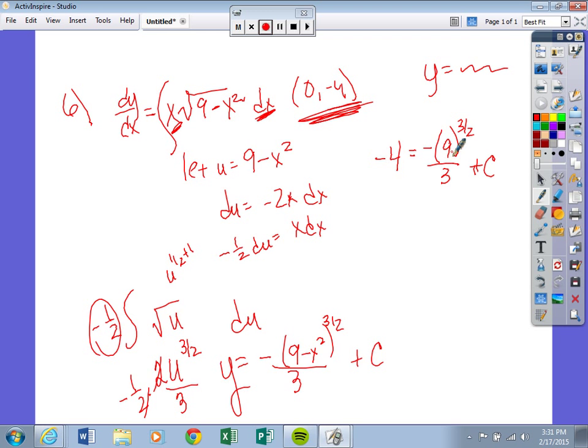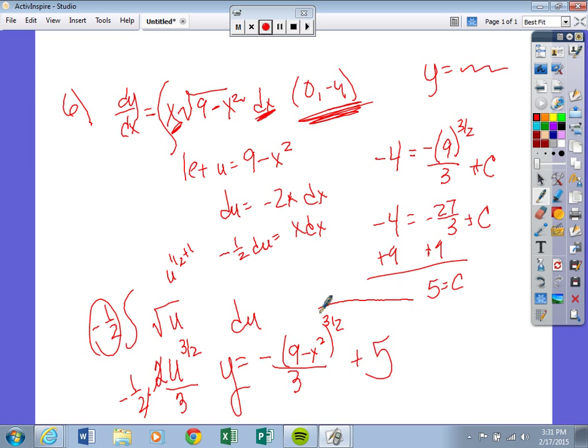So the square root of 9 is 3. 3 cubed is 27. So I'm going to have negative 27 over 3 plus c. Well, that right there is a negative 9. And then I'll add 9 to both sides to get rid of that. So c is 5. So when all is said and done, this is my answer. I just have to come back to the 5, and instead of putting plus c, we're going to write it like that. And that's how your final answer should look on number 6.